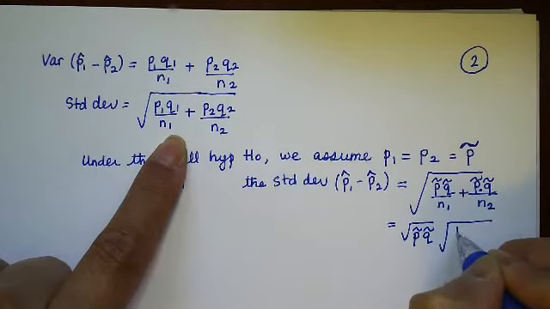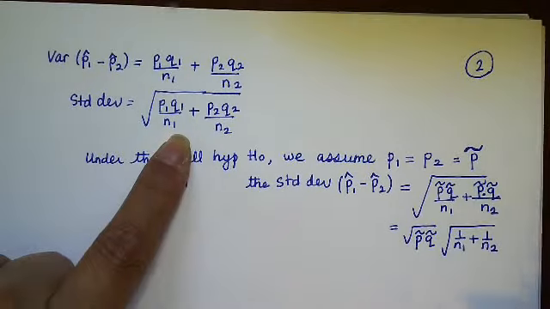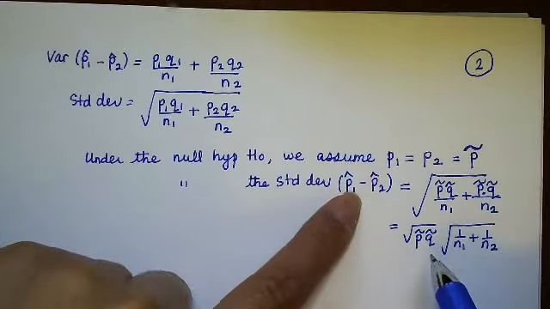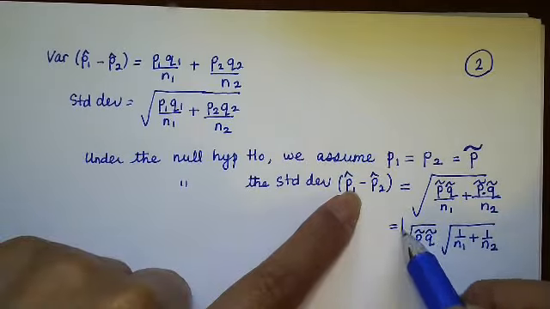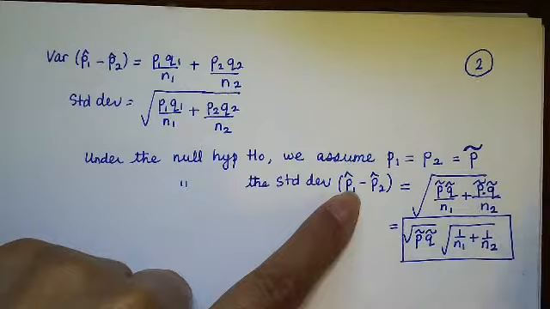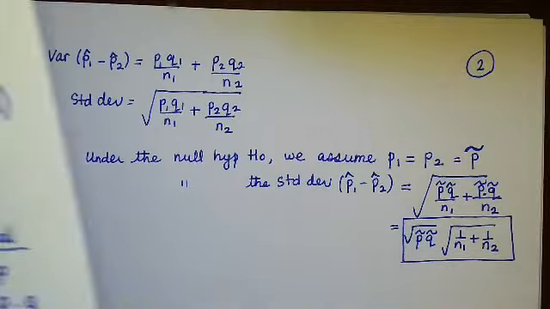The P tilde and Q tilde are common, so let's pull them out. Equals radical P tilde Q tilde times radical 1 over N1 plus 1 over N2. So if we are talking about the assumption that P1 and P2 are the same, which is the case under the null hypothesis, then the standard deviation is given by this statement right here.